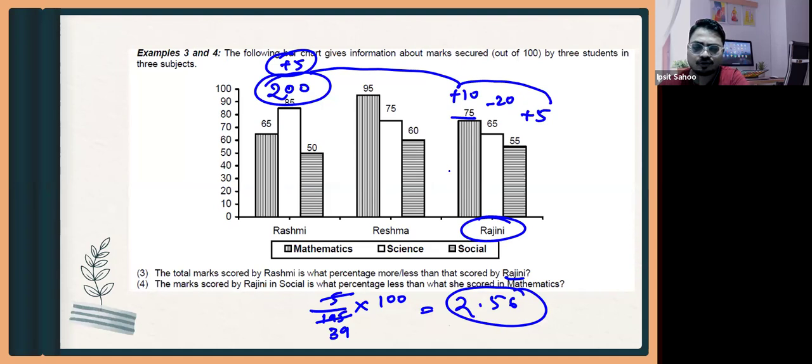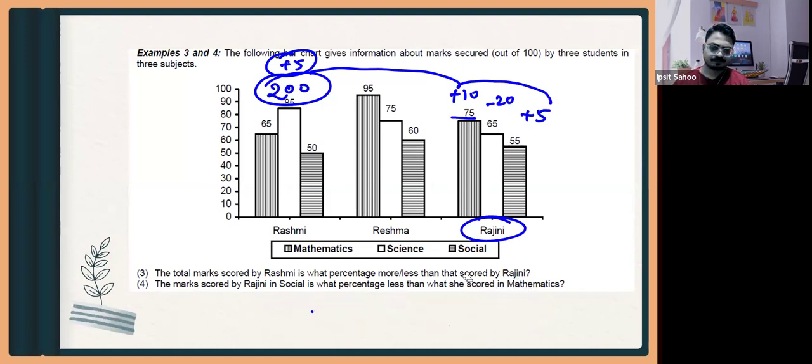So let us go to the next question. I'll be erasing this part. The marks scored by Rajni in social, that is going to 55, is what percent less than the marks scored in mathematics?